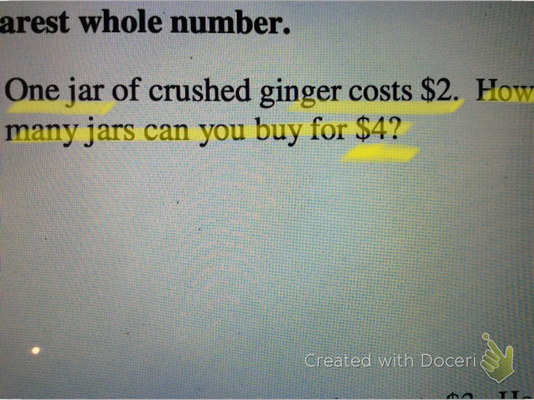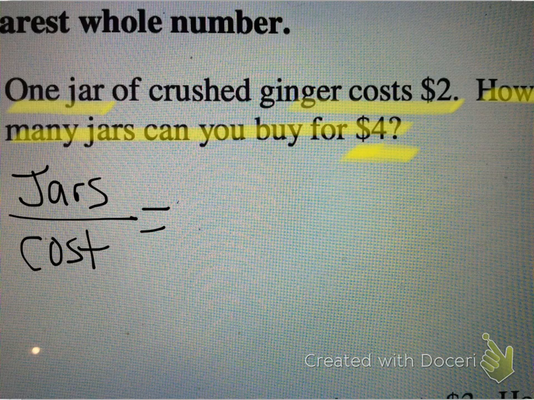So I'm going to set up first my units. I know that jars would go at the top and cost would go at the bottom. Before I can even start setting up my proportion, I must first set up my unit ratio, which is jars over cost. Then I can continue by setting up my proportion.